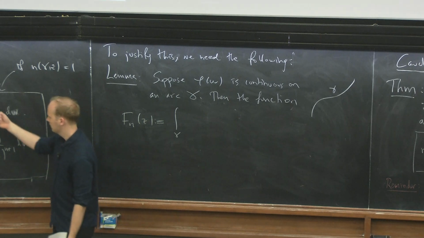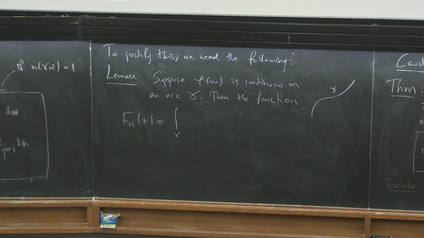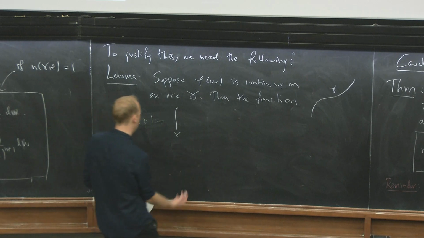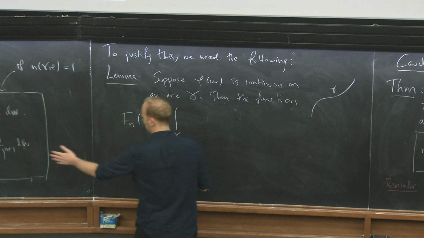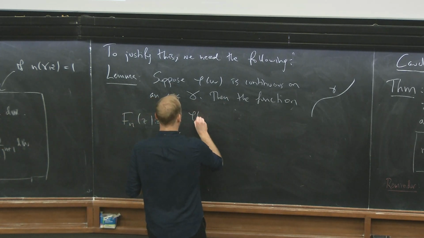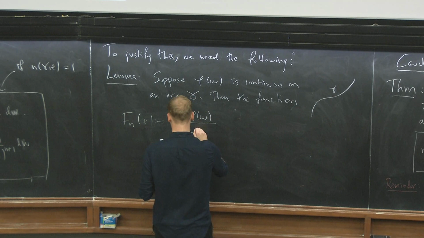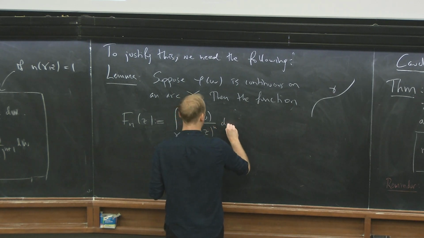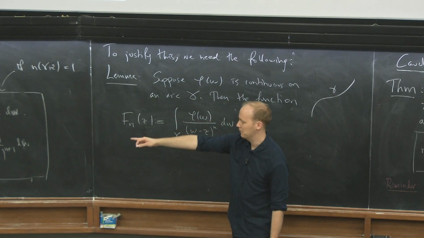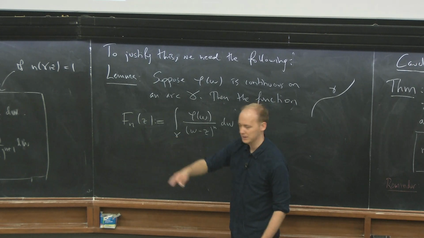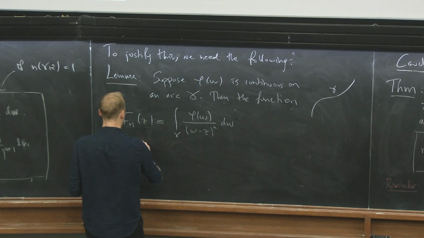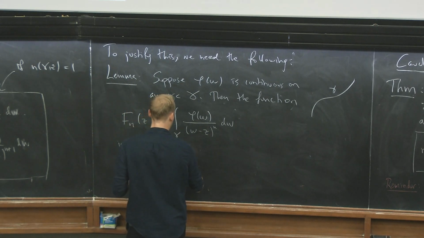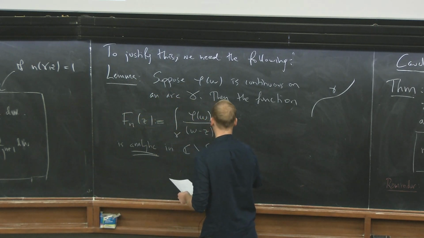So we want to look at such an integral and see if we can differentiate it. So f_n will be the nth integral here, up to removing the constants. So having an integral of this form, you see it's exactly up to a constant what we want to differentiate. So this one is analytic in C minus gamma.